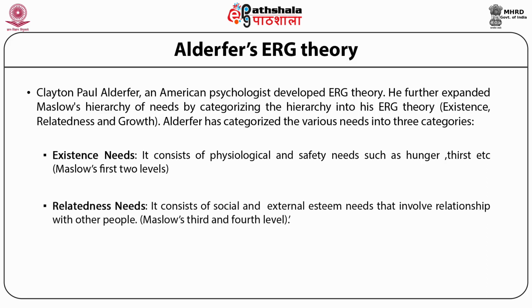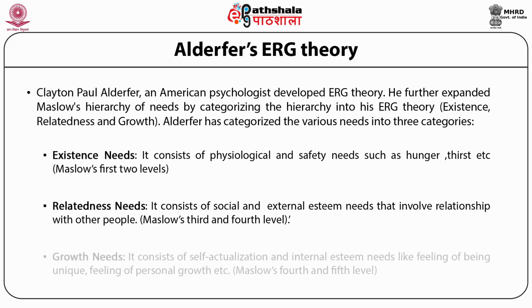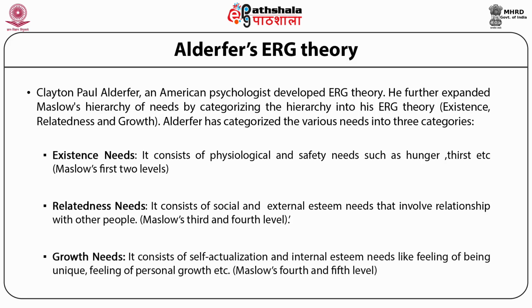Relatedness needs consist of Maslow's third and fourth level needs, that is, social and external esteem needs. And the third one is the growth need, which consists of Maslow's fourth and fifth level needs, that is, internal esteem need, like feeling of being unique, and self-actualization needs.